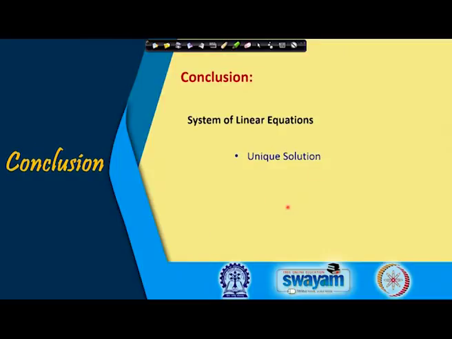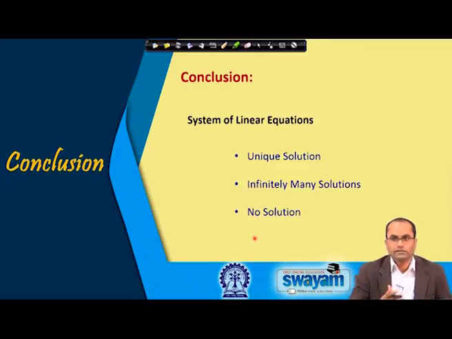So, we have seen the case of the unique solution, the case of infinitely many solutions, and the case of no solution, and these are all the possibilities which can happen for a system of linear equations when we consider a large system of m equations with n unknowns, but we have seen here with the help of very simple examples where we have considered only 2 unknowns.